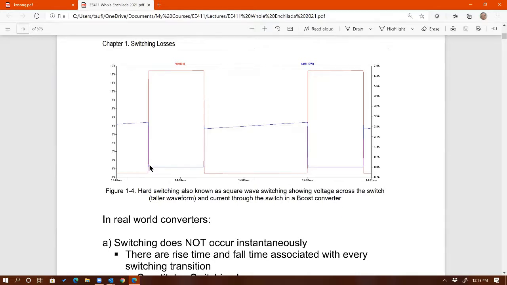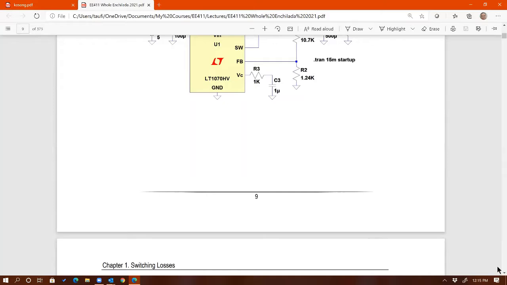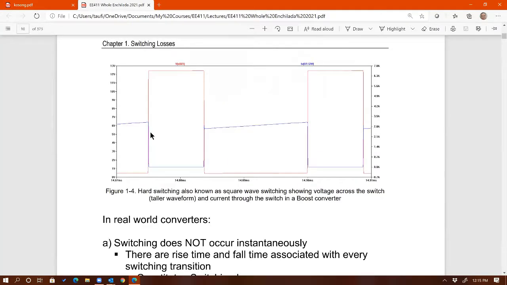And if you look at these waveforms, this is coming from, I believe, the LT1070. Because I'm zooming this out, you can see that the transition is fast, right? Really fast, relatively speaking.